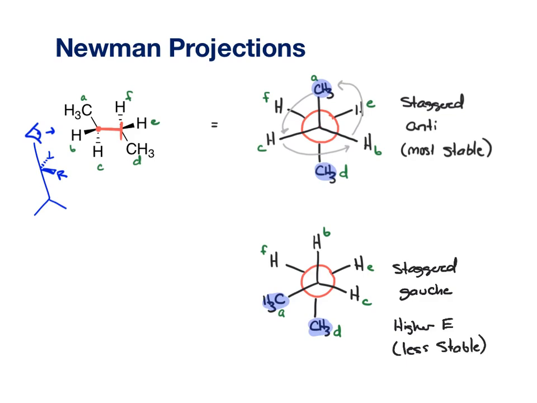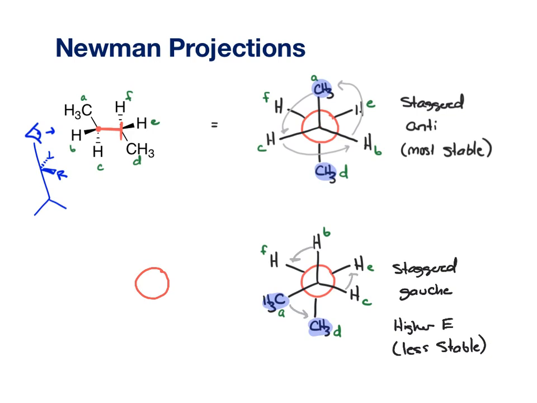And then I'm going to show you one more extreme, where what if we put the atoms on the front carbon directly in front of the atoms on the back carbon. So basically moving them so that they're right in front. Now we can't draw them on top of one another and still be able to visualize them. So what we do is kind of skew them to the side.